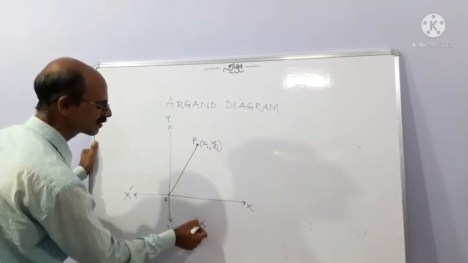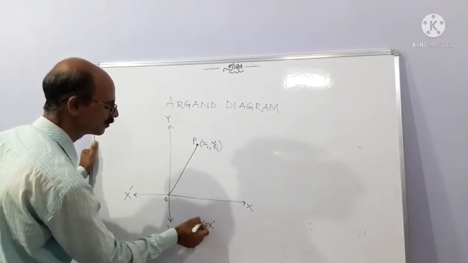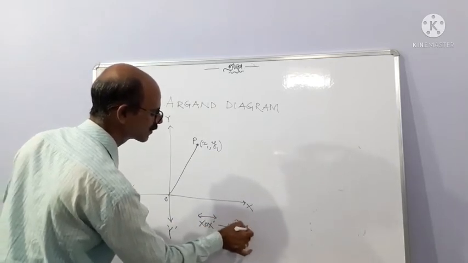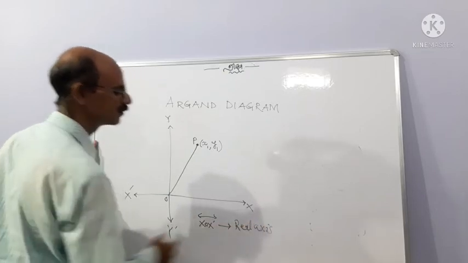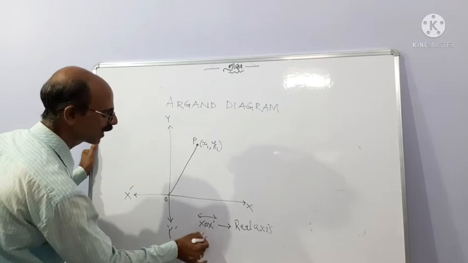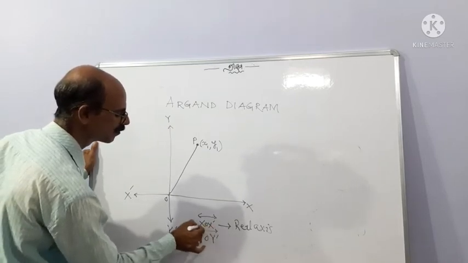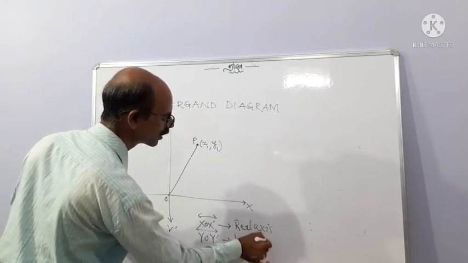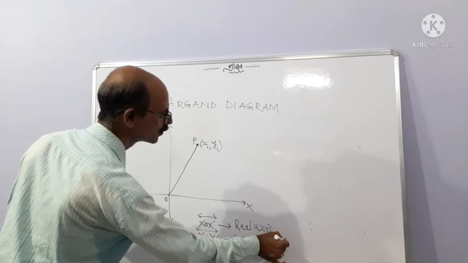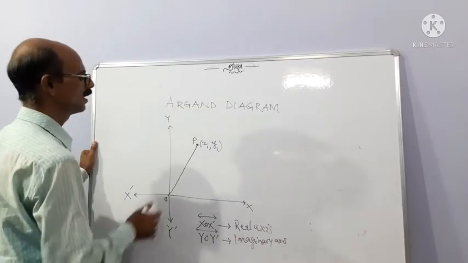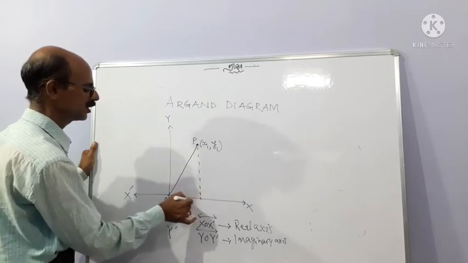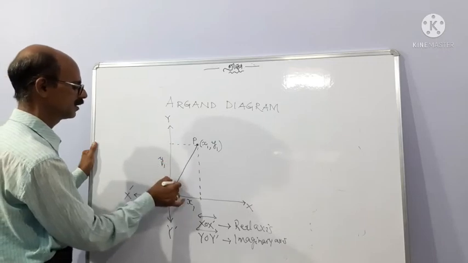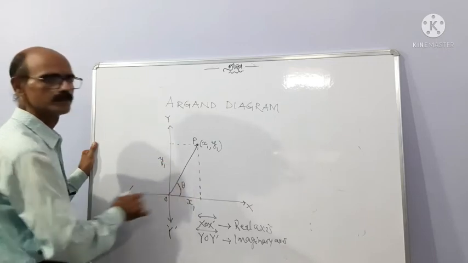This x dash, x dash represents the real axis, and y dash is the axis for the imaginary axis. So this is x1, this is y1. Suppose this angle is theta.